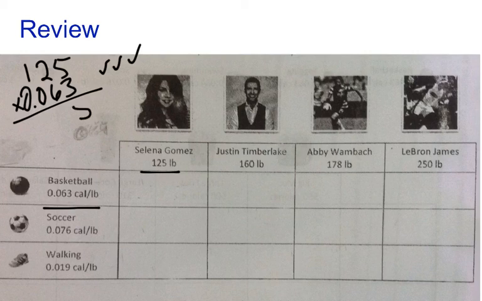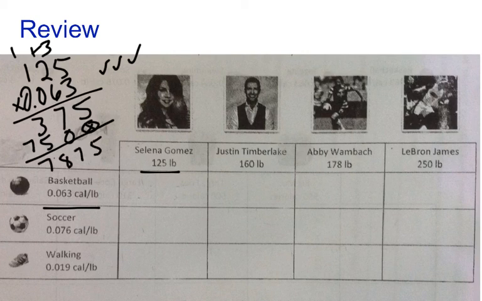So 5 times 3 is 15, 3 times 2 is 6, plus 1 is 7, 3 times 1 is 3, hold my spot, 6 times 5 is 30, 6 times 2 is 12, plus 3 is 15, carry the 1, 6 times 1 plus 1 is 7, and that would give us 7875.